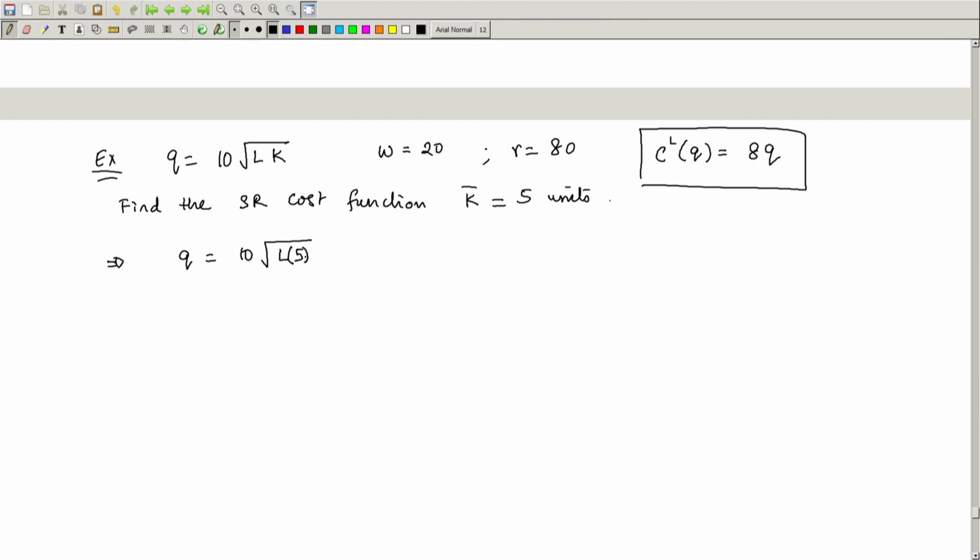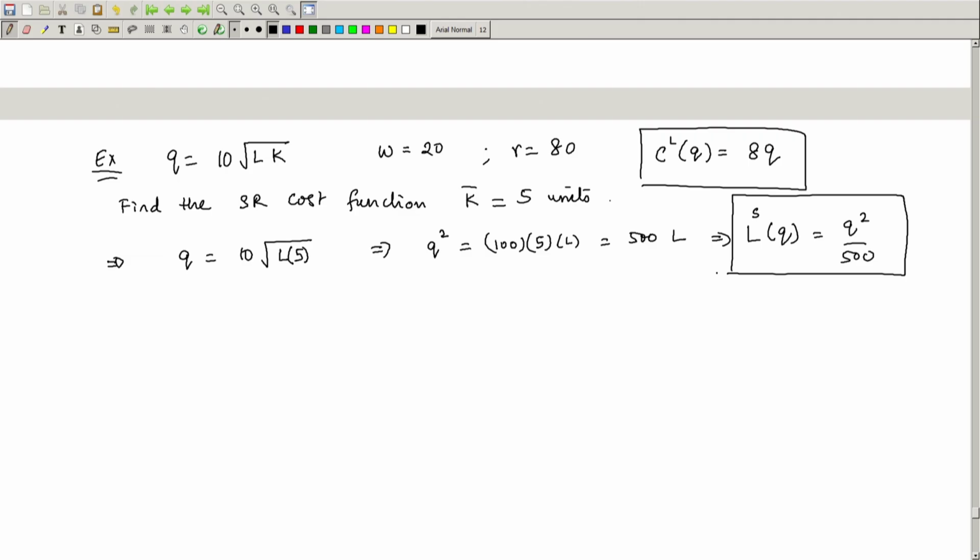You tell me that Q is equal to 200, I will again use this production function to solve for L. So, squaring both sides, I get Q squared equals 100 times 5 times L, which is 500 L, which means that L as a function of Q, with an S to denote the short run case because capital is fixed at 5, is going to be Q squared by 500. So this is the functional form of L. Now you tell me what Q is, I will plug in the Q and tell you the exact numerical value of L.